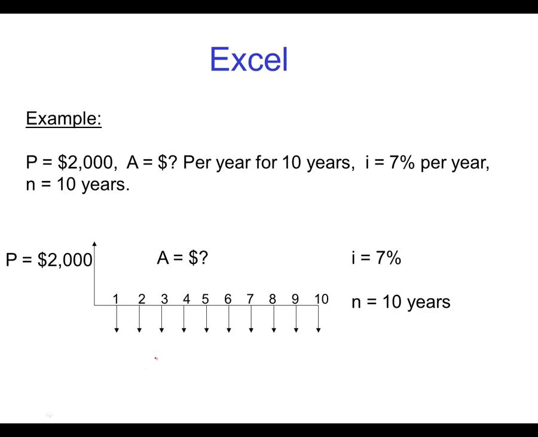Another example, if P was 2,000, A is required or wanted for a 10 years period of time. I is equal to 7, and I would like to find the annuity or the equal payment during the 10 years period.